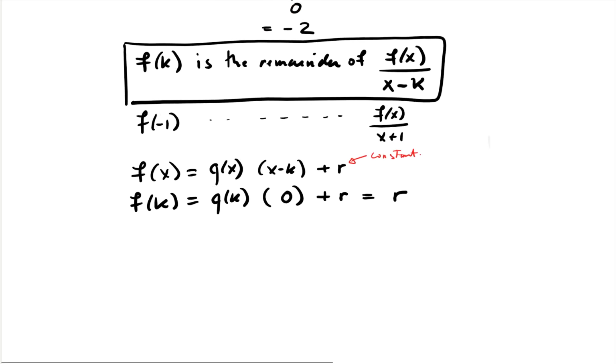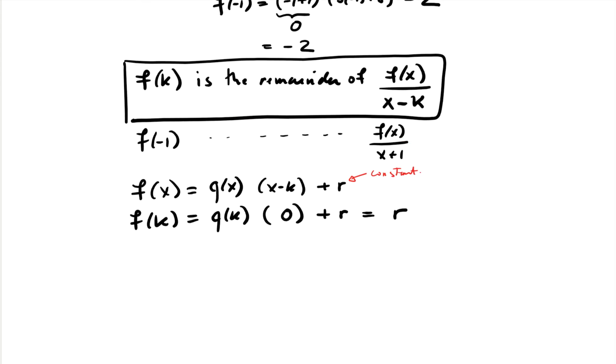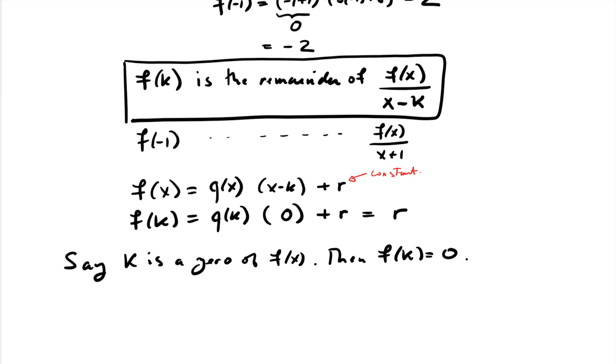Let's keep going. This is important, but it's not the most important statement of this section. Let's look at the case where k is not any number; it's actually a zero of our polynomial. Say k is a zero of f of x. Then in that case, f of k will be 0. That's going to imply that 0 is the remainder. So this is where I'm applying the framed statement above.